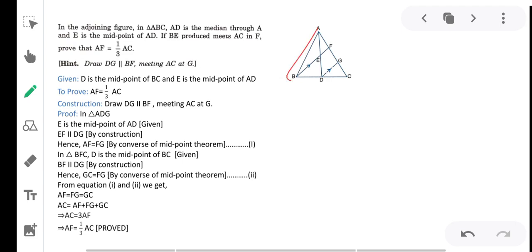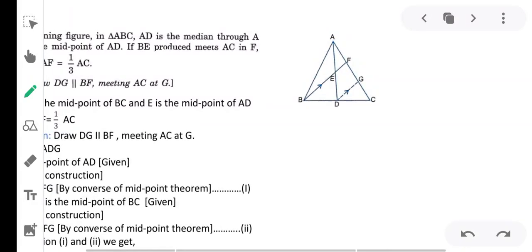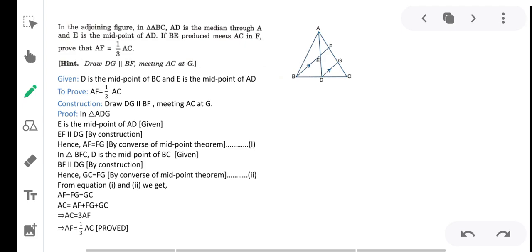If BE produced meets AC in F, prove that AF equal to 1 by 3 of AC. Okay, so there is a construction. Draw DG parallel to BF meeting AC at G.